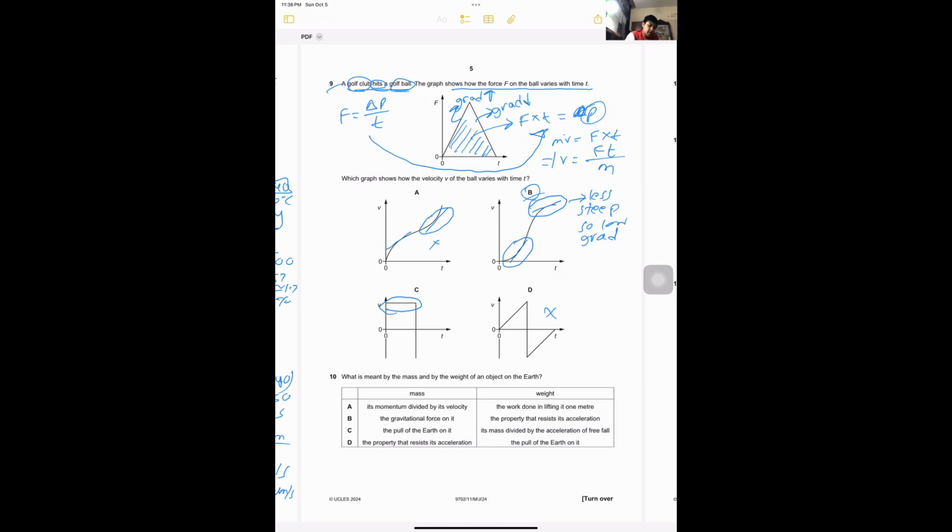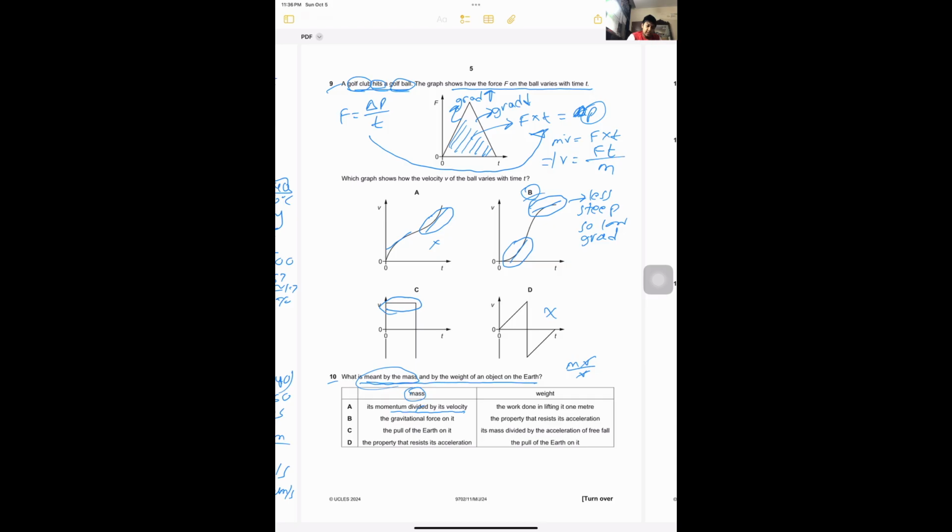Question 10: what is meant by mass and by weight of an object on the earth? So mass, it's momentum divided by its velocity. Momentum is mv, divided by v. That does give you mass, but that is not the meaning of mass. The mass is a property of any object which resists its current state of motion or rest.